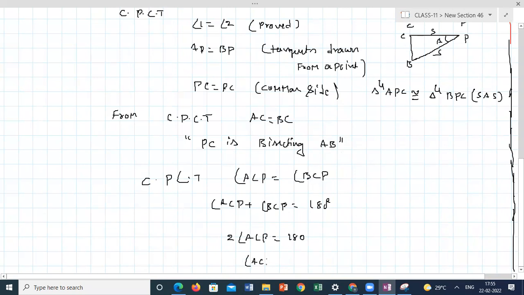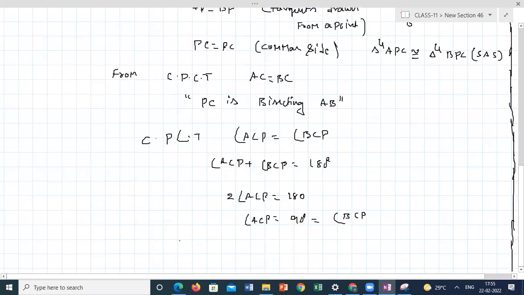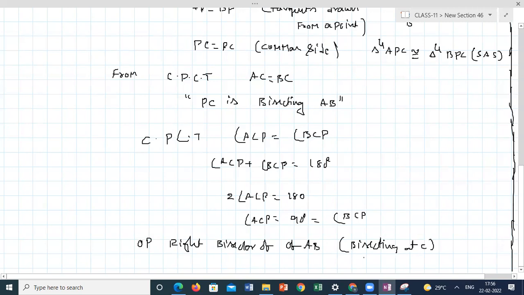So angle ACP is equal to 90 degrees, which is equal to angle BCP. So a line dividing a line into two equal parts at 90 degrees means OP is right bisector of AB, and it is bisecting at C. This point is not required. This is how we have to prove.